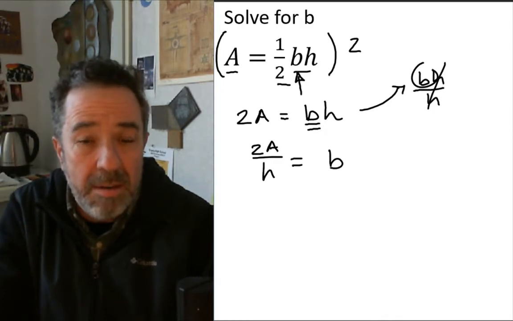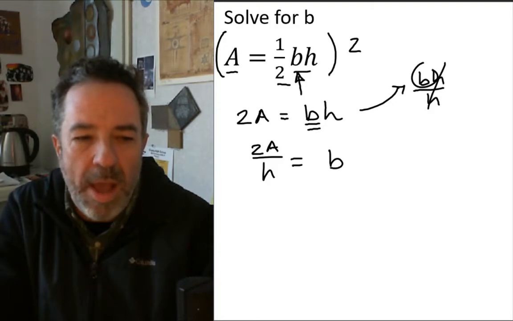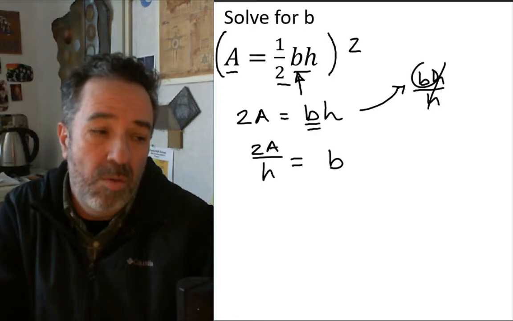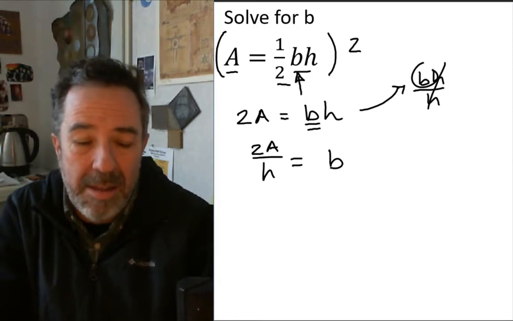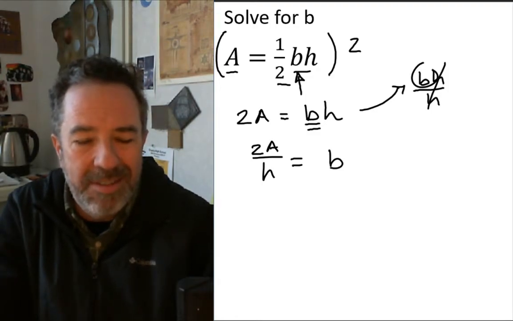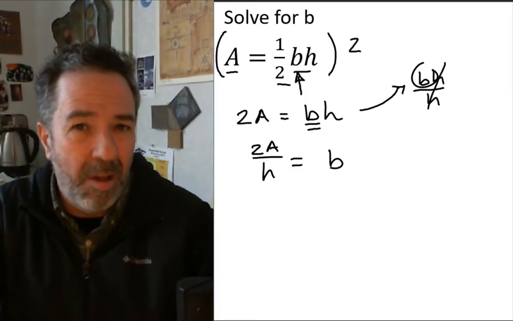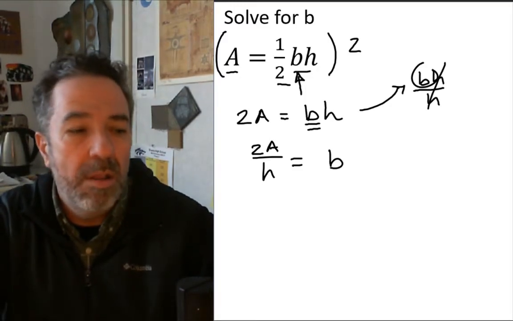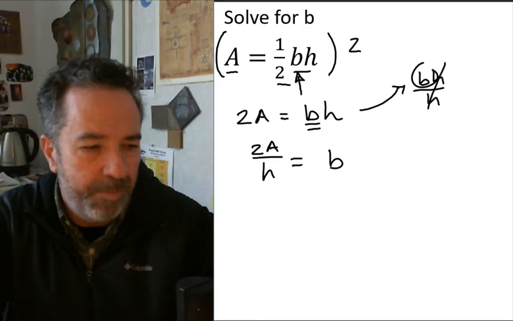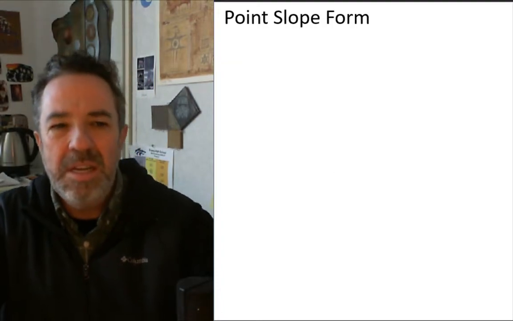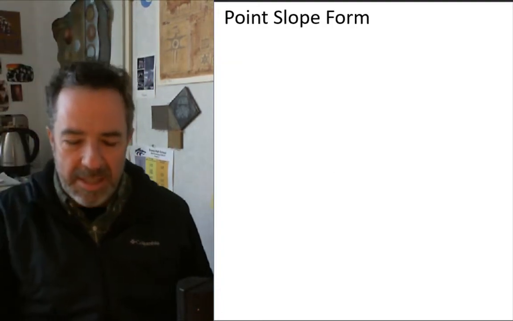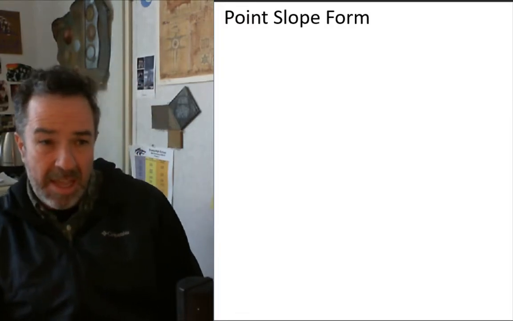So I've done it. I've solved for the base. The base is twice the area of the triangle divided by the height. Who knew? But again, this is just another example of solving a literal equation, getting one of the variables alone in terms of the other.